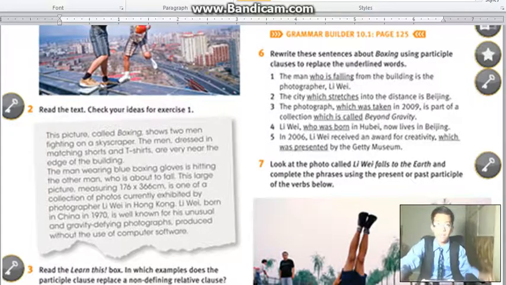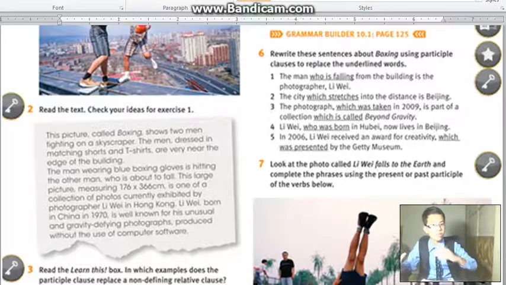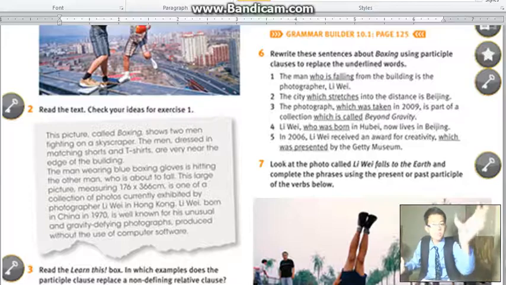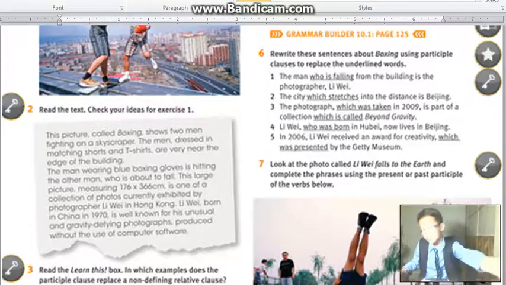Example, the man who is falling from the building is the photographer Li Wei. So who is falling is the phrase that was underlined. So what we'll do is to write the past participle or present participle of that phrase, replace it, then rewrite it. Alright? So when we're back, we will do sentences from 1 to 5. Very easy if you know the structure carefully.